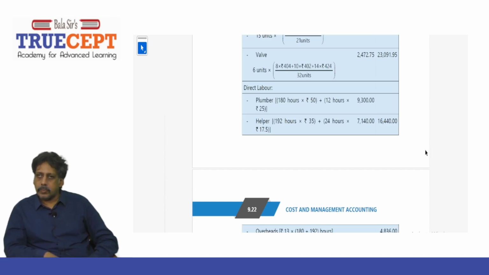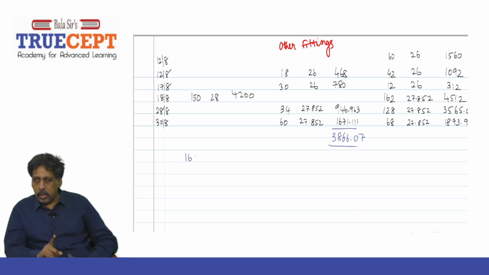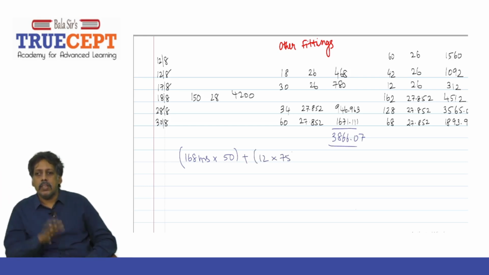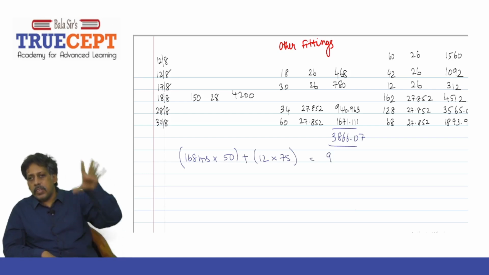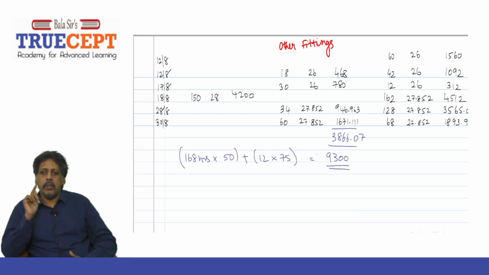So 9,300. You can do it this way also: take 168 hours normal time, 168 hours into 50 rupees per hour plus 12 hours into 75 rupees. If you do the math, you'll get the same number, 9,300.